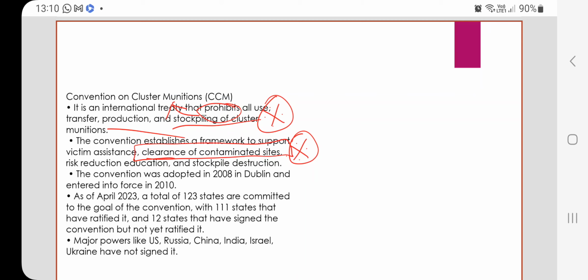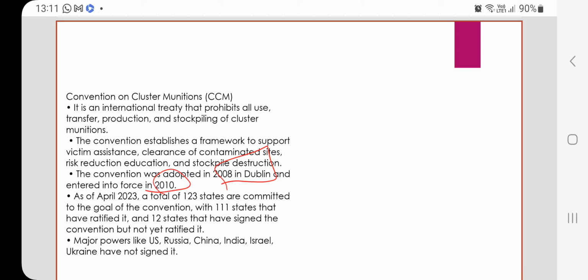But the concern here is that major military powers have not signed and ratified the Convention on Cluster Munitions. See, this convention was adopted in the year 2008 in Dublin and came into force in 2010.